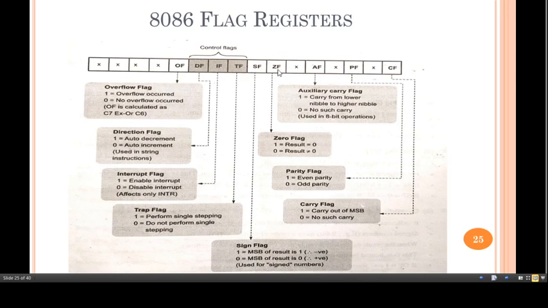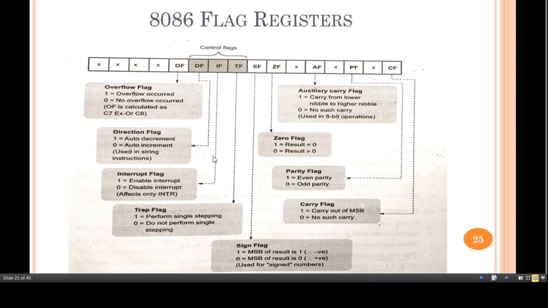After that there is ZF, that means zero flag. Whenever the result of any operation is equal to 0, this flag bit is set, and whenever the result is non-zero, the flag value will be 0.